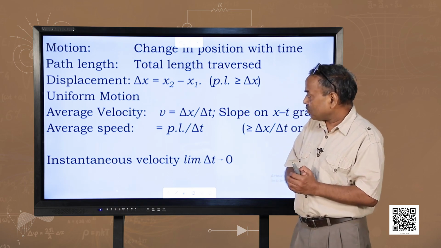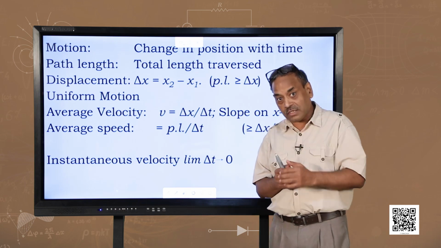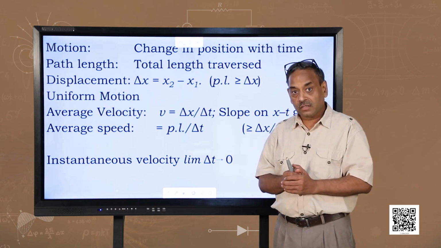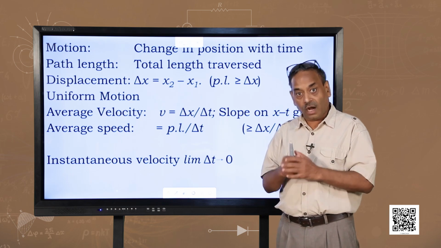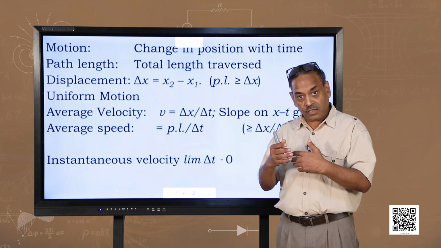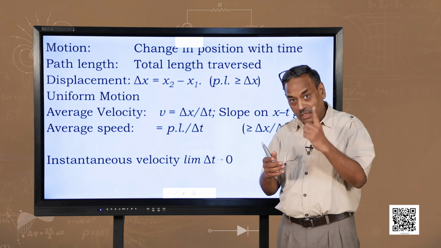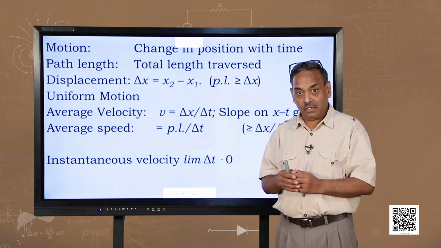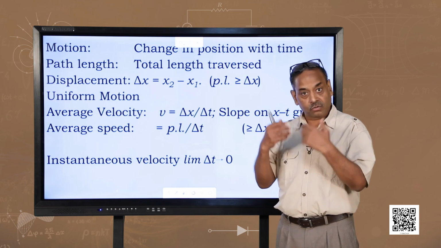Now, uniform motion, what do we mean by uniform motion? Remember, this is an approximation. Remember, while doing chapter 1, we were discussing the methods, how we study science, how we study physics, how we study quantities, that we always approximate. We had given you some examples for approximation. Remember chapter number 1, that is a very important chapter, my dear friends, in your studies in physics, whether you are in 10+2 or going ahead.